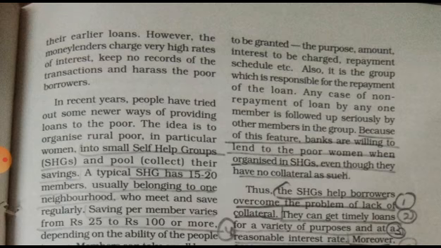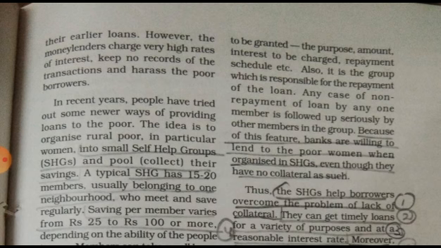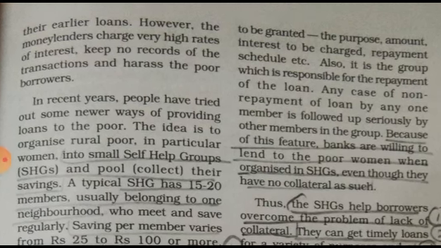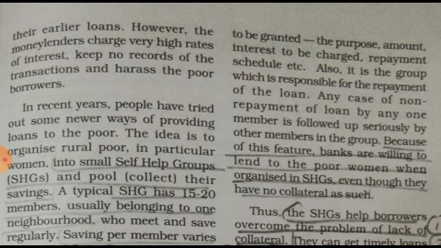The idea is to organize the rural poor, in particular women, into small self-help groups, SHGs, and pool or collect their savings. A typical SHG has 15 to 20 members.